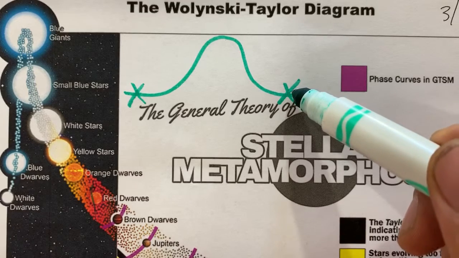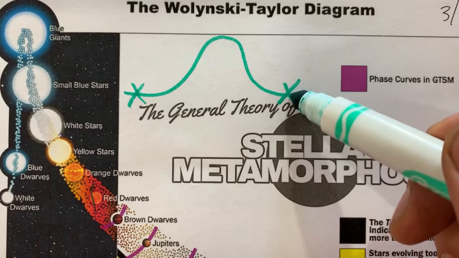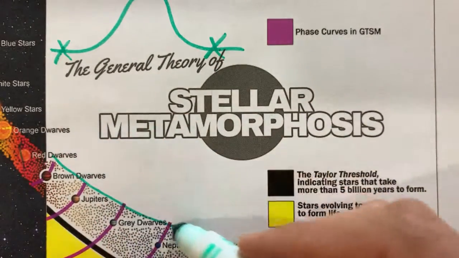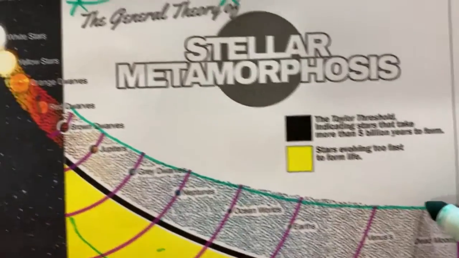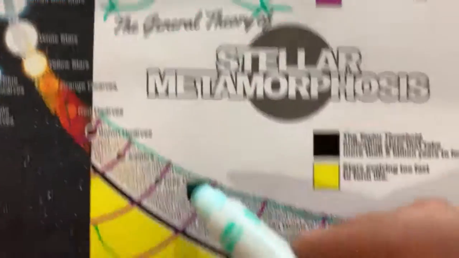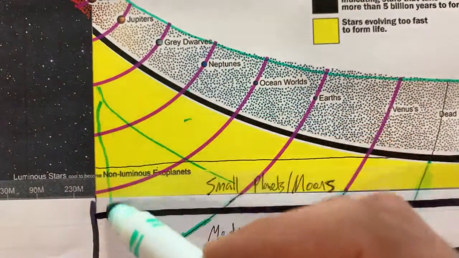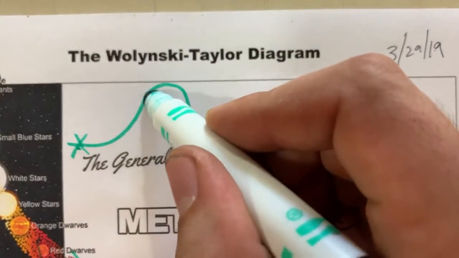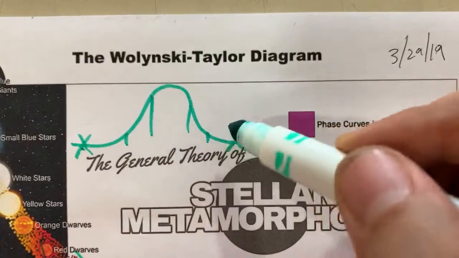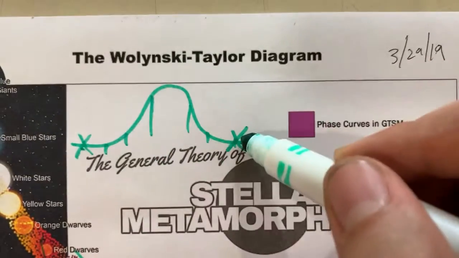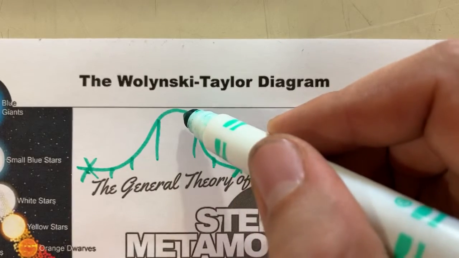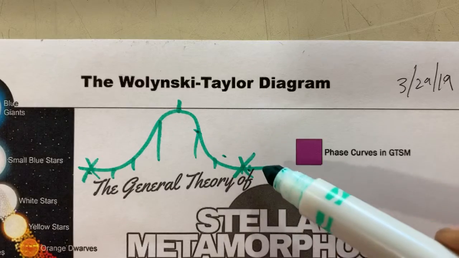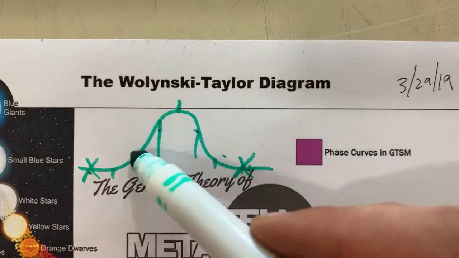So this would be an extremely large end result object, which would be sitting probably up here, and then this being something that would be sitting way down here somewhere. But the majority of the objects sit inside 3 standard deviations of the mean. So this is the mean, 1, 2, 3 standard deviations, 1, 2, 3.